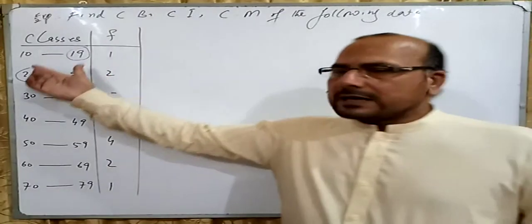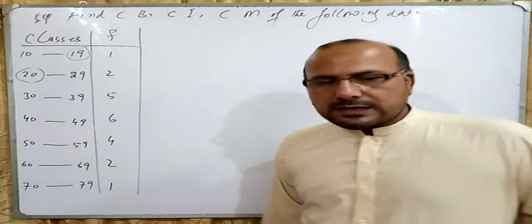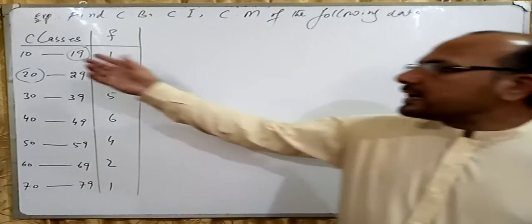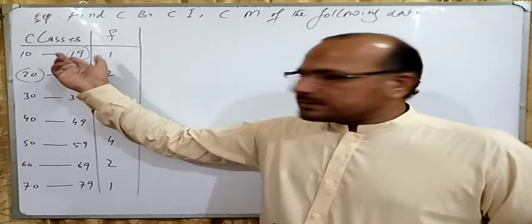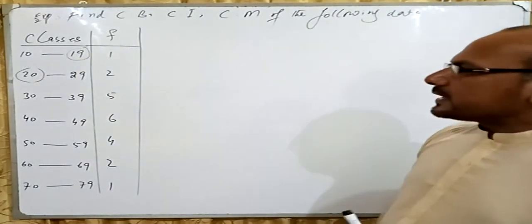These are called class limits. The starting point is called the lower class limit, and the ending point is called the upper class limit.